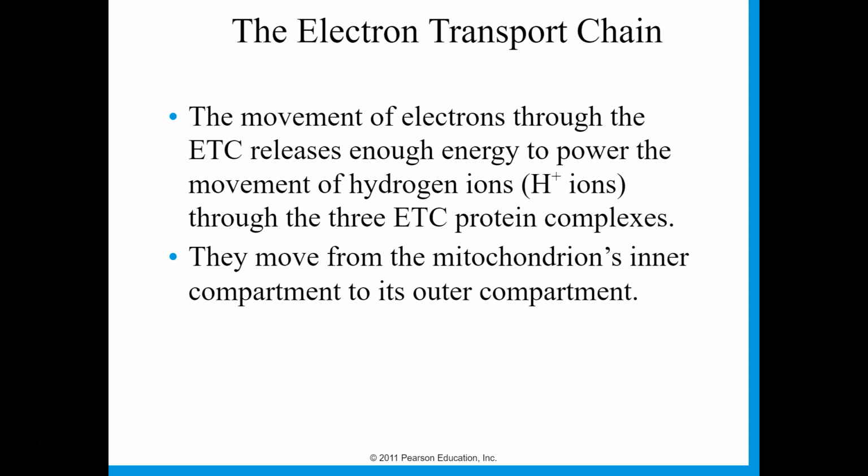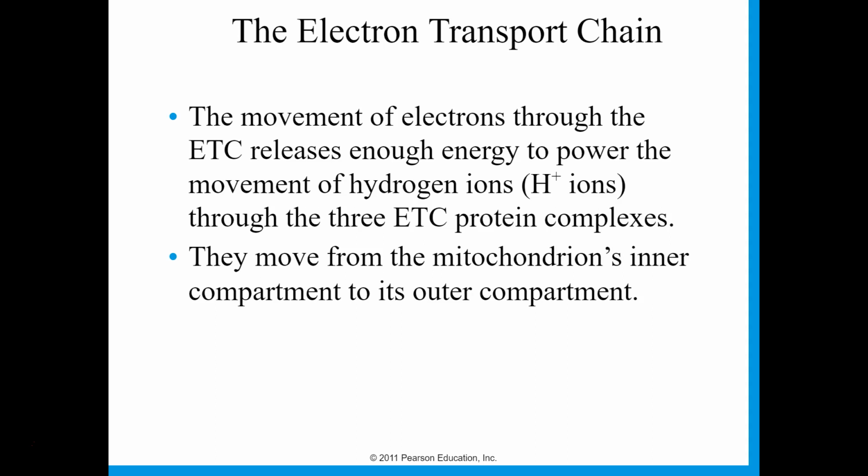By moving electrons through the electron transport chain, you are building up a whole bunch of charge on one side of the membrane inside the mitochondria. It says movement of electrons through the ETC releases energy to power the movement of hydrogen ions through the three ETC protein complexes.